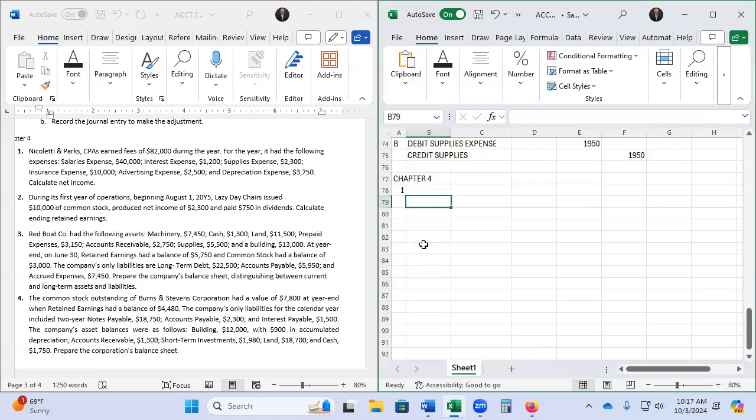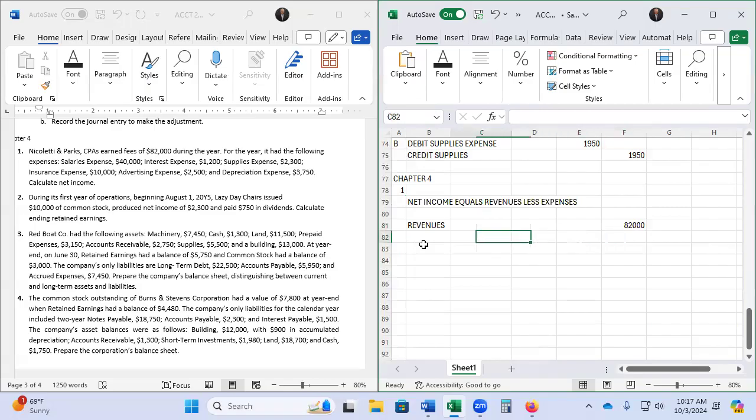Okay, so remember, whenever they're looking for net income, that is just revenues less expenses. So here we have revenues, and our revenues were 82,000, right?